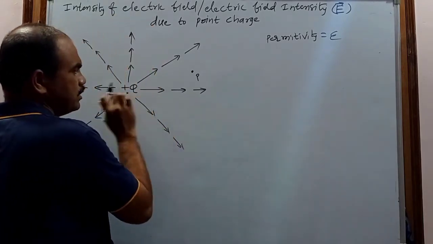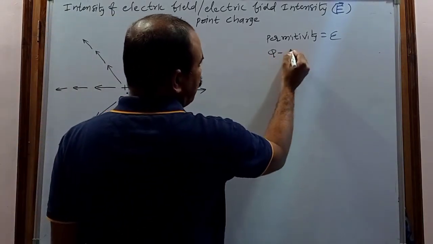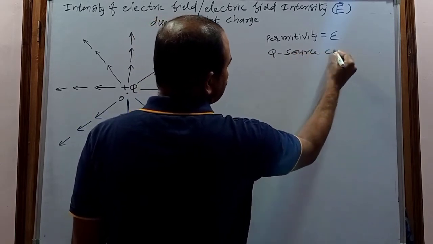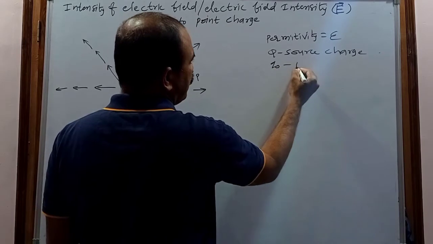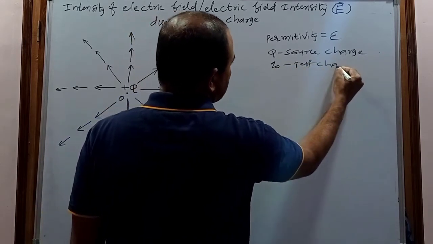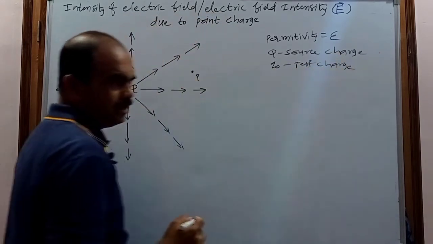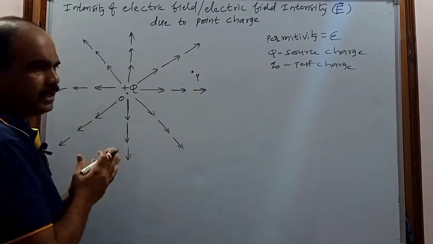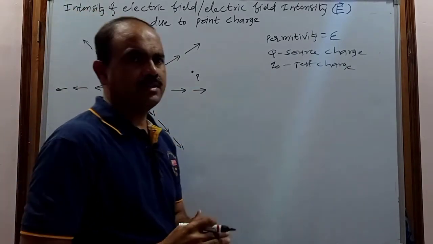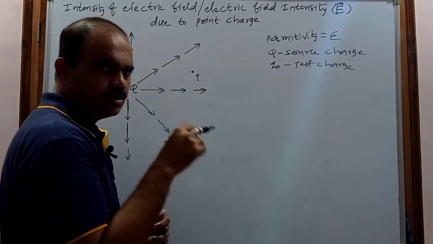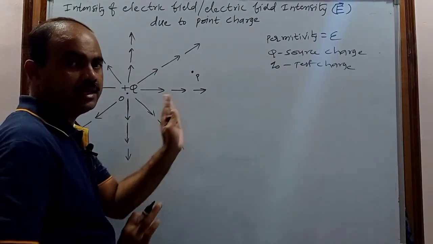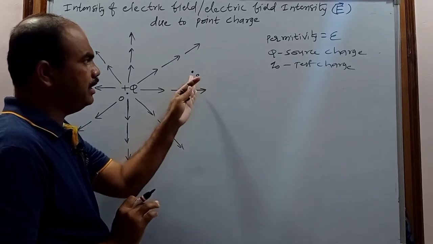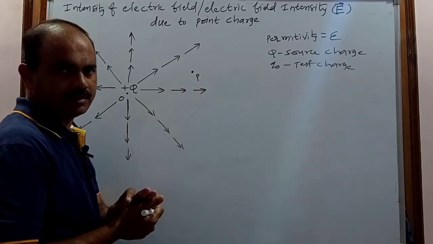Here this capital Q will be called the source charge, and Q naught will be called the test charge. The source charge is the charge which creates the electric field. The test charge is the charge whose magnitude is small and which is only going to test the electric field strength at that point.